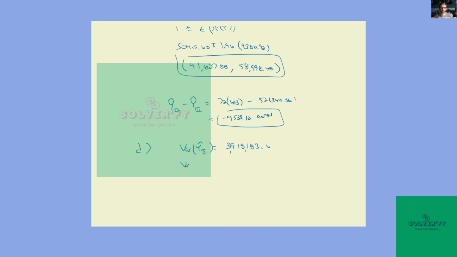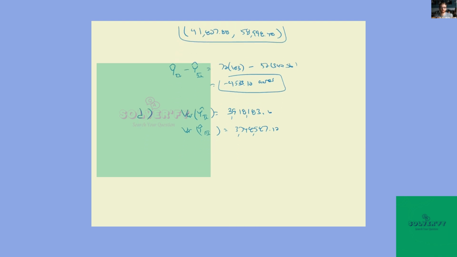And the variance for 3 is 3,748,587.12. And so the variance of the two would be combined at 7,666,760.72.